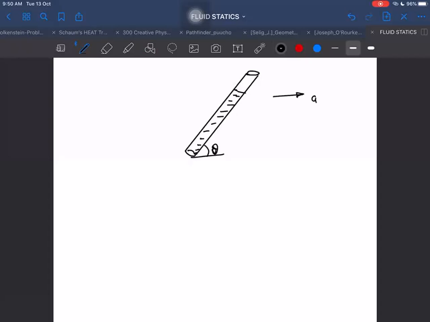The tube is accelerating. Find out what is the pressure at the bottom of the tube if the water is filled up to length L.